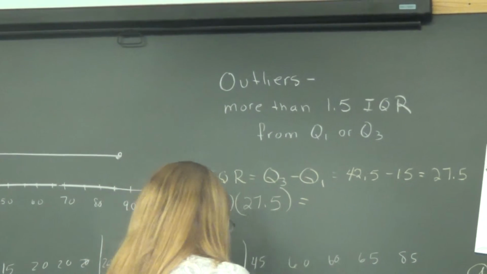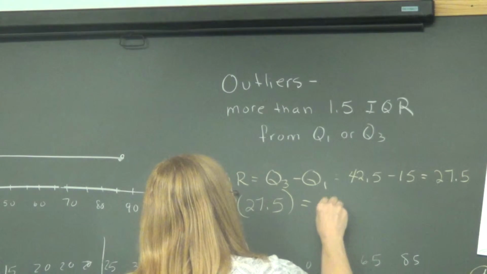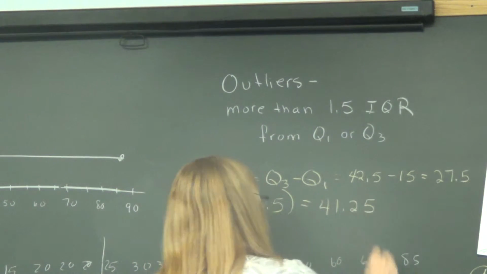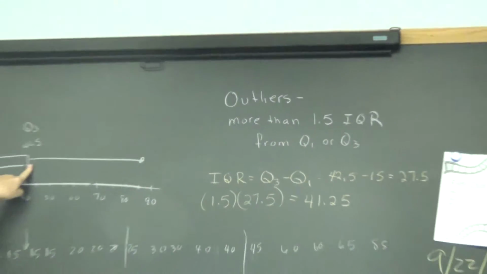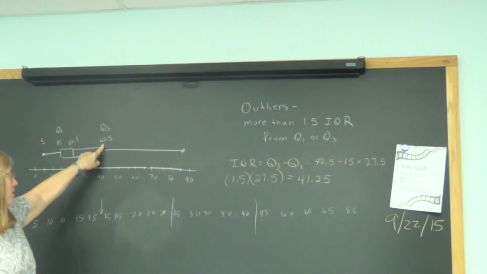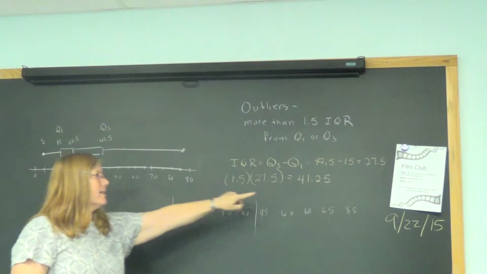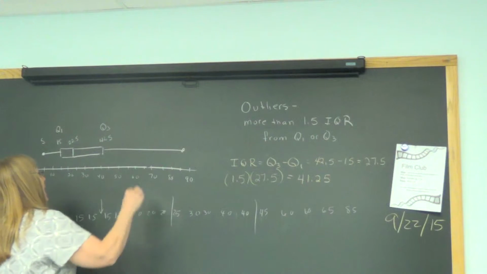And what's that? 41.25. So now we take that number and we add it to Q3. What is 42.5 plus 41.25?